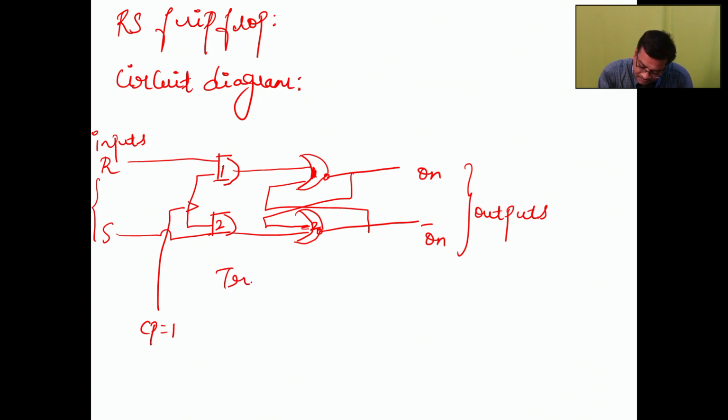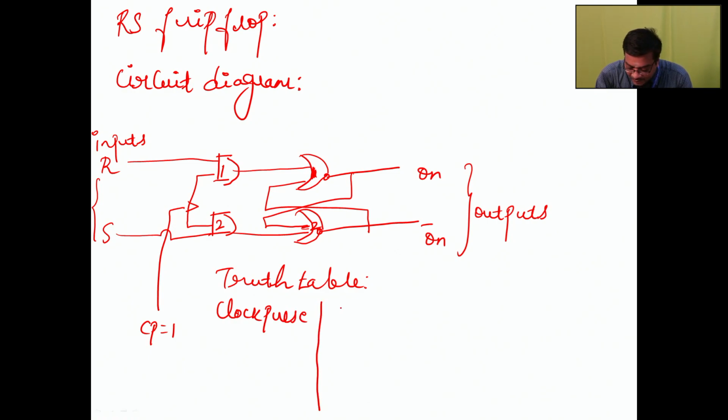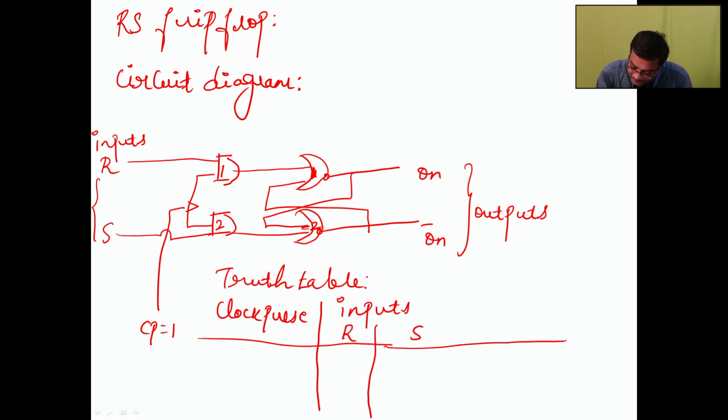So first we can write its truth table. Clock pulse, inputs R and S, next outputs, and finally the state.